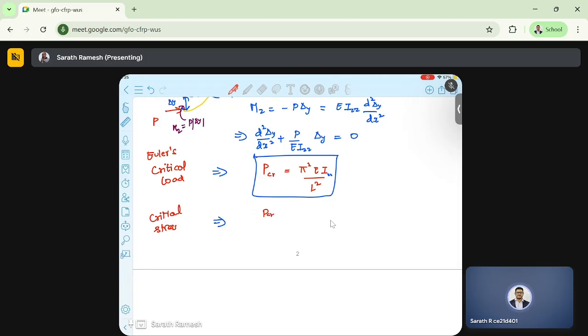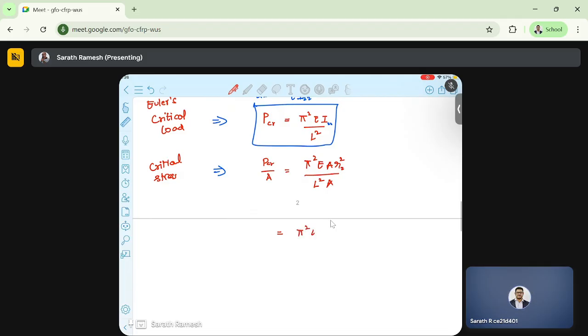So Pcr by area will give us pi square E, I can write as A into r_z square, r is the radius of gyration, by L. A and A will get cancelled. So we'll end up with pi square E by (L by r) the whole square. So this is sigma cr. This we say critical compressive stress.